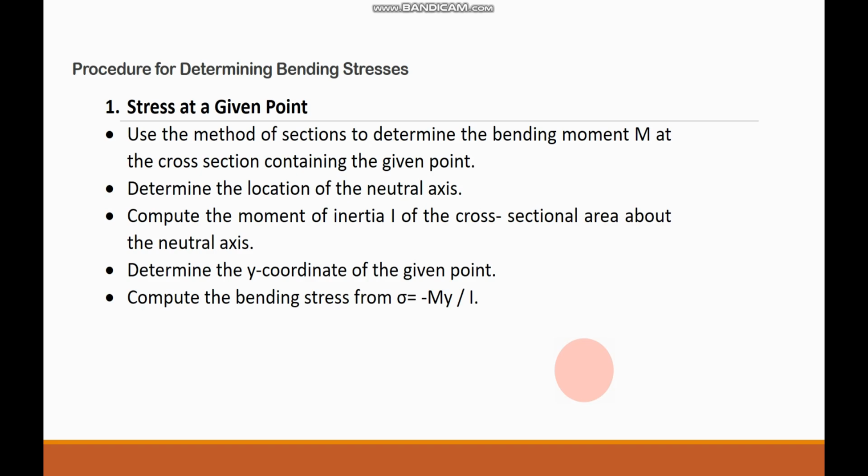So for number 3, compute the moment of inertia of the cross-sectional area about the neutral axis. Next, determine the y-coordinate of the given point and compute the bending stress from this equation, in which the flexure stress is equal to negative moment multiplied by y all over I. So ito yung pinaka formula talaga natin, on which we will consider y positive kung above siya ng neutral axis, and then yung y naman is negative if it is below the neutral axis.